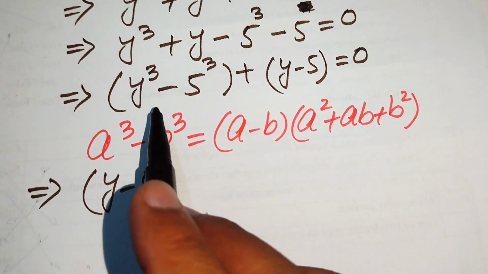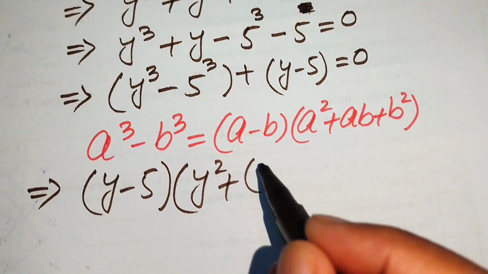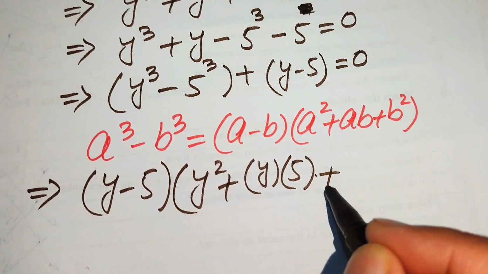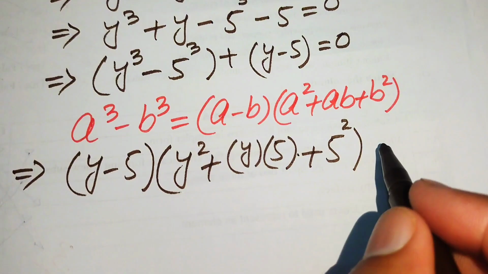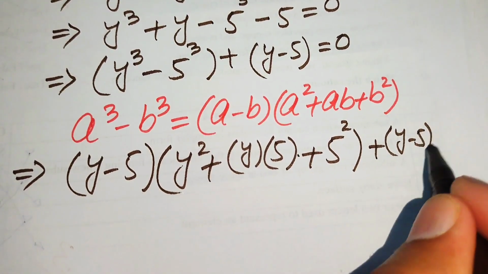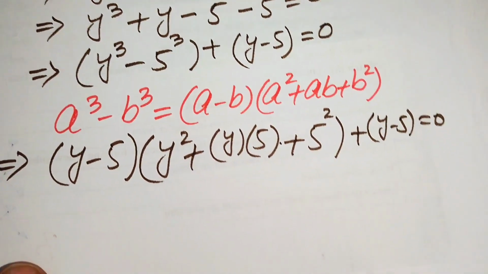So we have y minus 5 times y squared plus y times 5 plus 5 squared, and here we have y minus 5, and this whole equation equals 0.